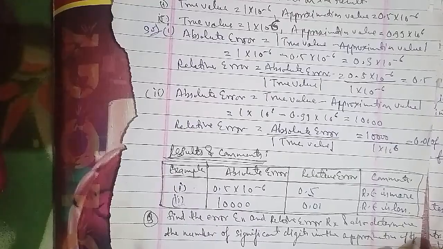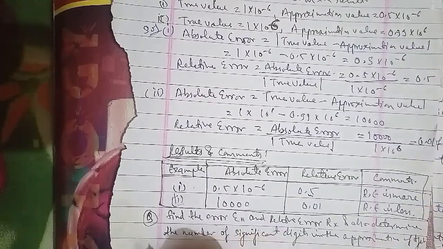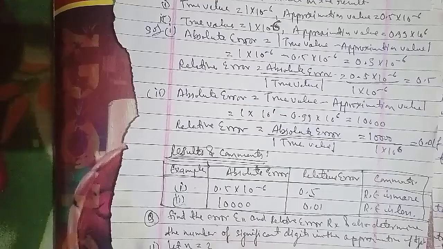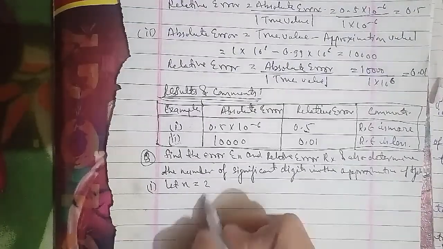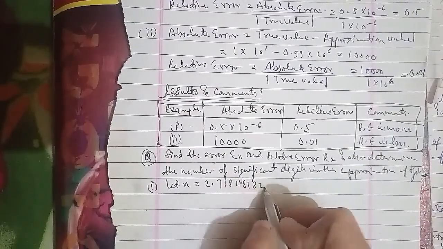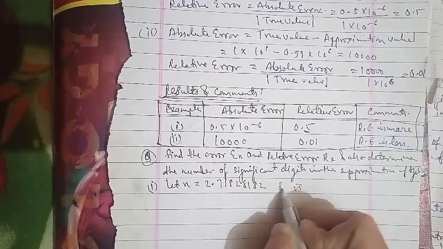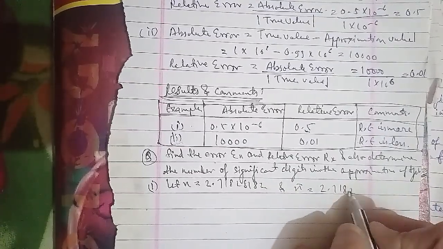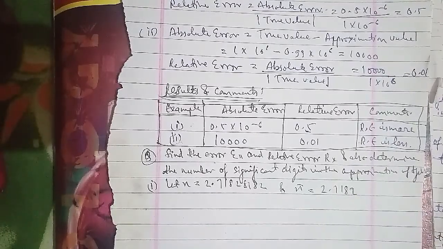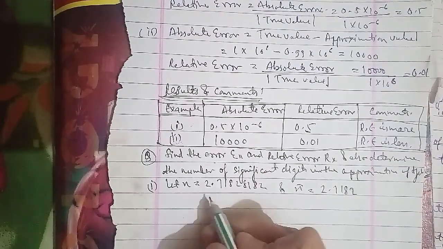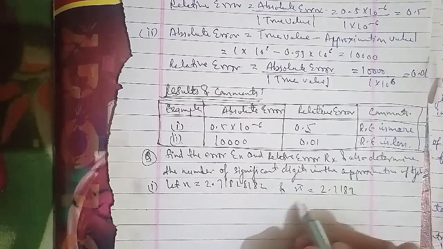As x equals this and x bar equals this, the error Ex equals x minus x bar, which equals 2.71828182 minus 2.7182. We'll get the value 0.00008182.